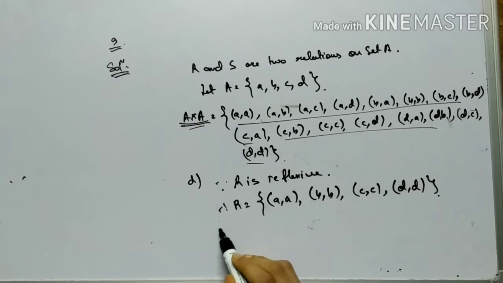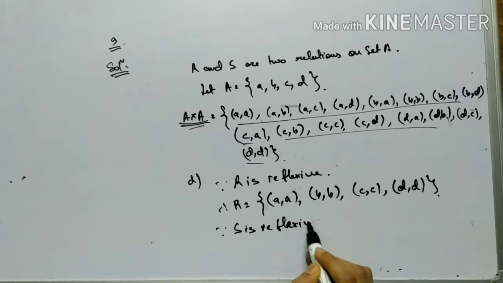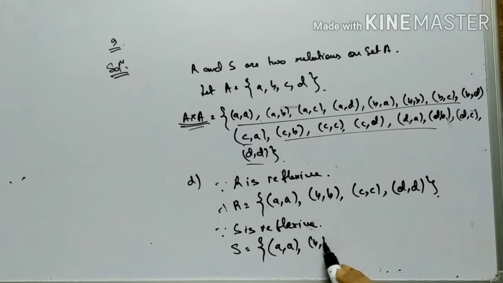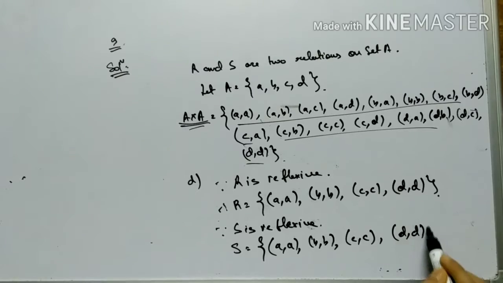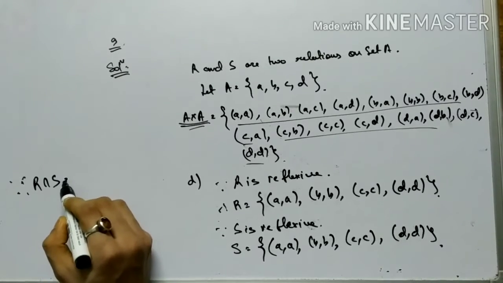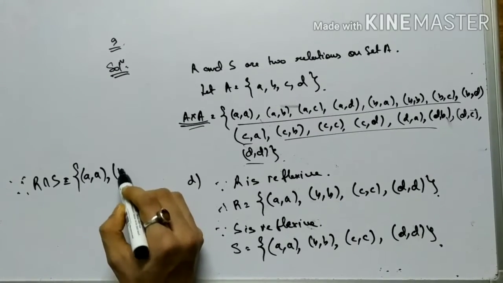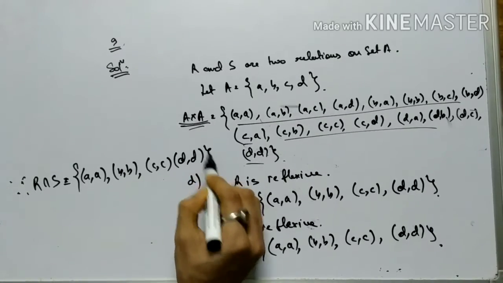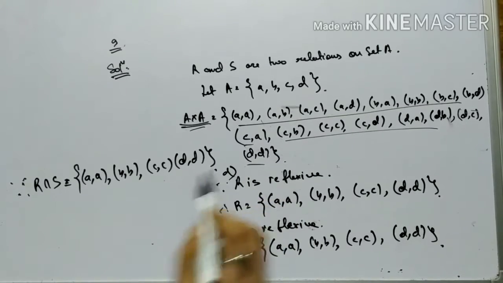And again, since S is reflexive, S is equal to the same AA, BB, CC and DD. So R intersection S will be what? It will be the same set only, AA, BB, CC and DD.